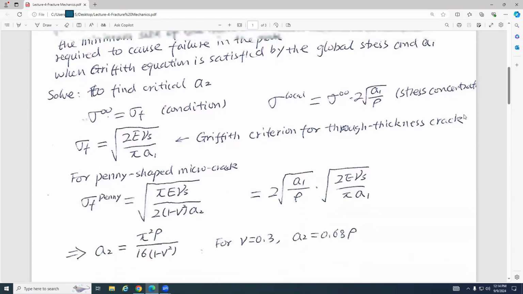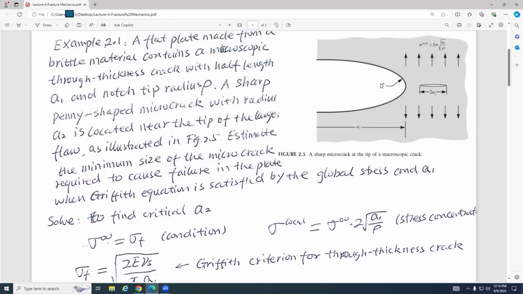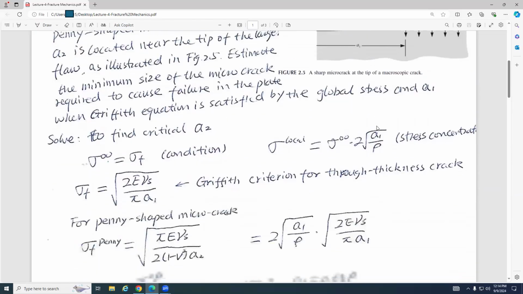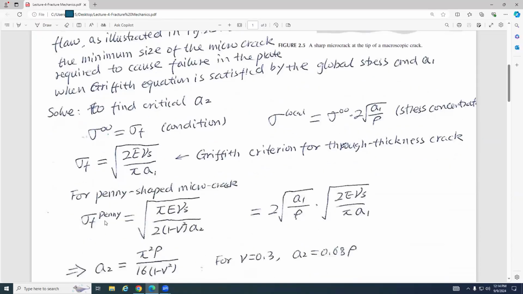This is a penny shape, this is a bigger crack, this is a penny shape. For the penny shaped crack, we have this equation, sigma f penny equals this. So we just want the local stress to equal sigma f penny, the failure stress.